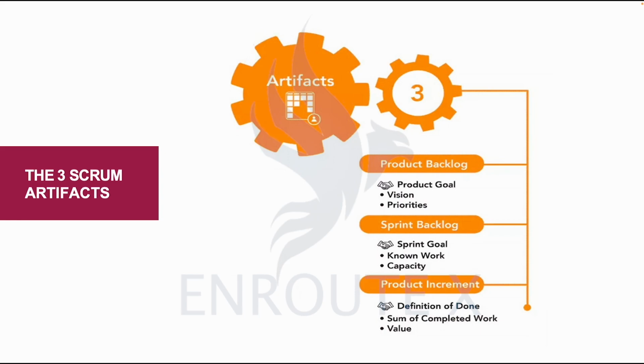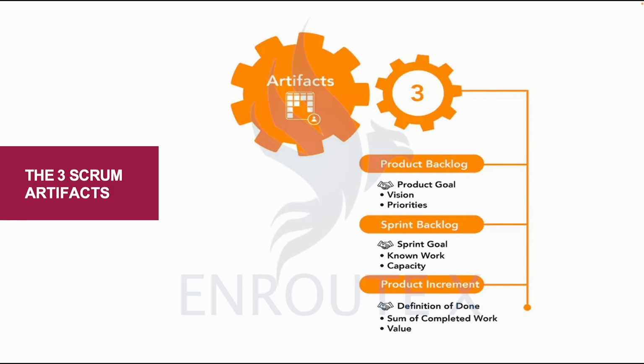The artifacts in Scrum, they are the tangible aspects of Scrum. I term it as the tangible aspects. What could be measured, what we could relate with, right? So we have the product backlog, the sprint backlog, and the product increments.